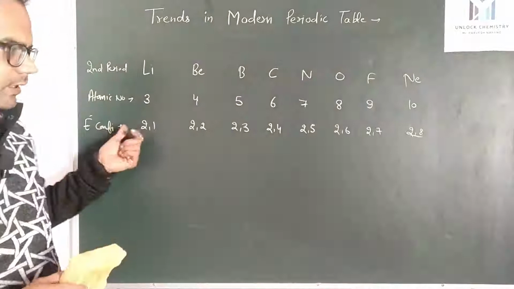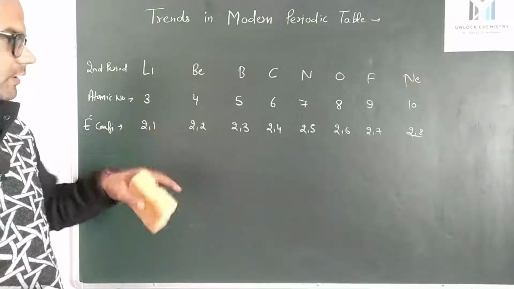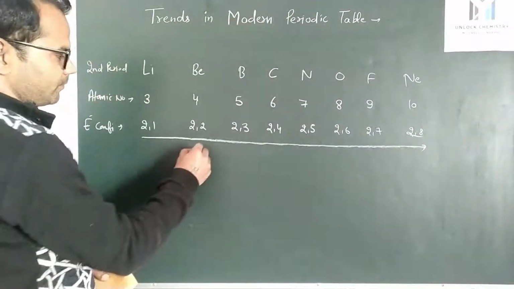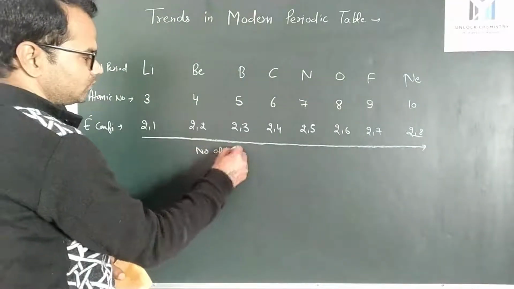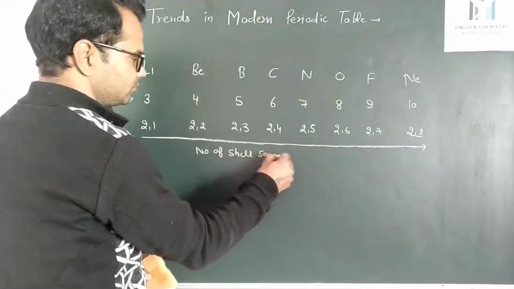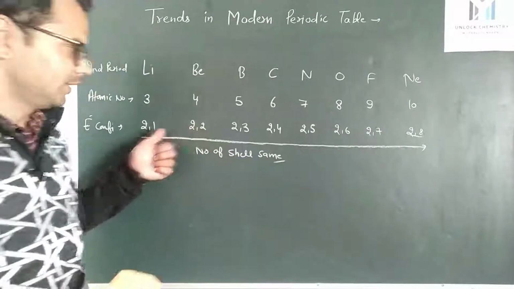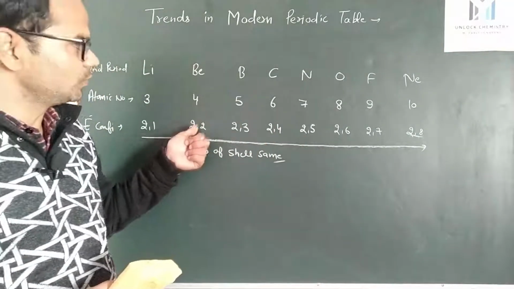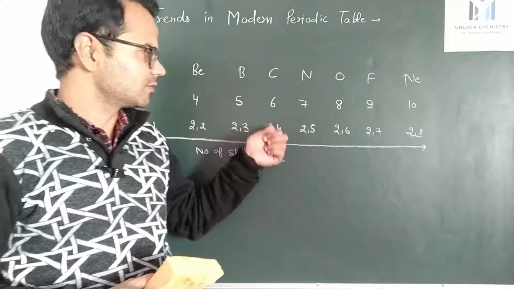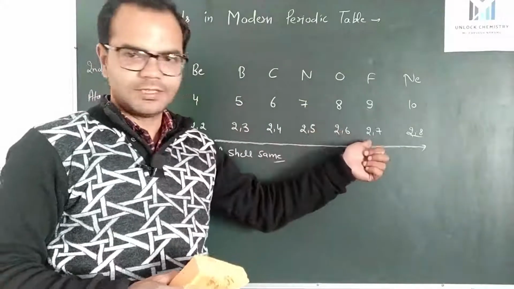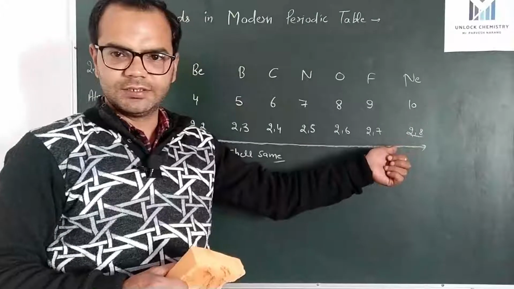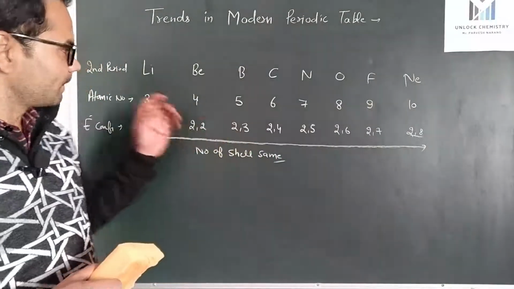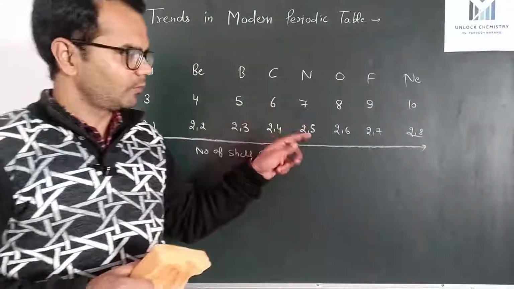So if we observe what's going on in a period, all the elements present in a period contain same number of shells. Lithium contains 2 shells, similarly beryllium 2, boron contains 2 shells, carbon also 2, nitrogen also 2, oxygen 2, fluorine also contains 2 shells, and neon also contains 2 shells. So number of shells are same, but there is a gradual increase in protons.